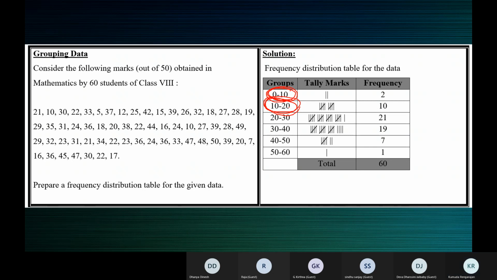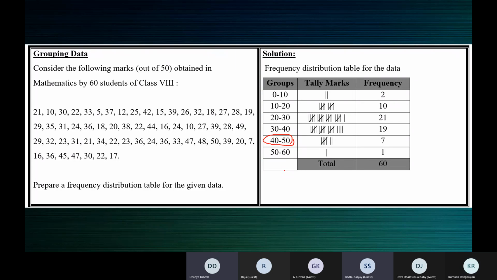Got it? Yes, ma'am. All right. So now when you consider the class interval 40 to 50, which is the upper limit? 50, ma'am.